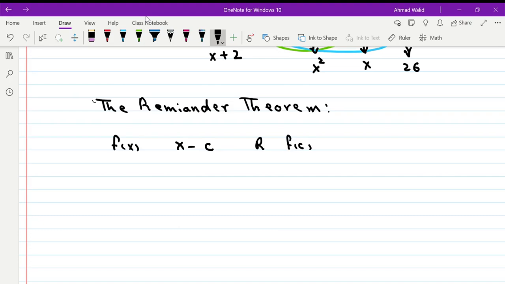We call this theorem the remainder theorem.